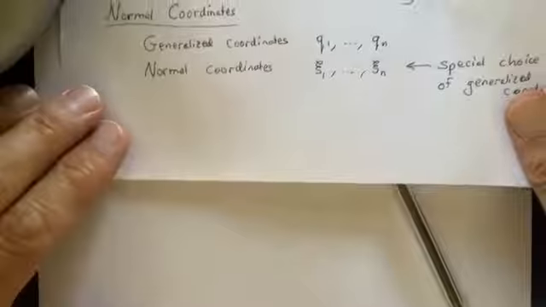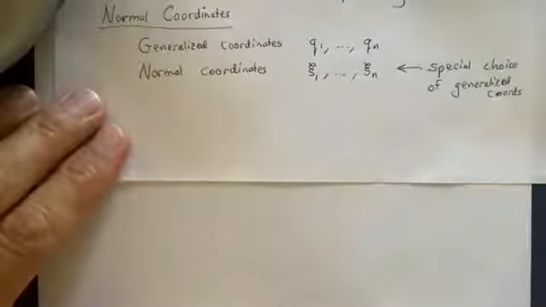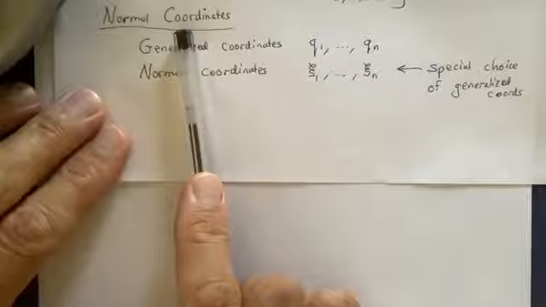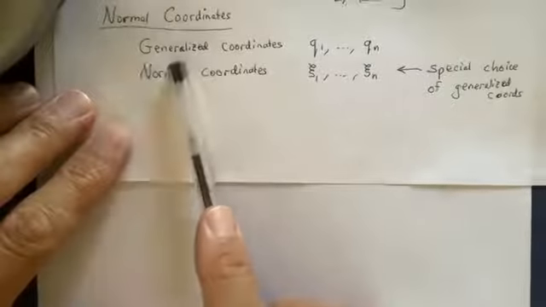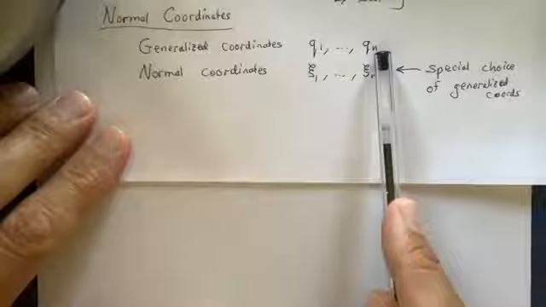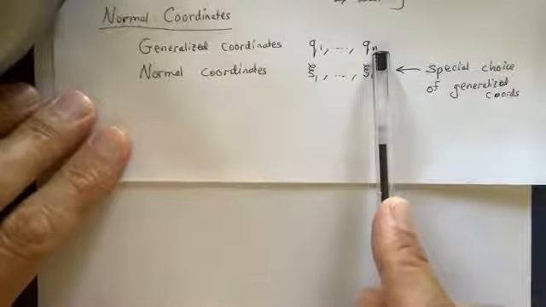Okay, let's take a moment to revisit the topic at the end of our last lecture. Towards the end of our last lecture, we introduced the notion of normal coordinates. It's useful to remind ourselves, if you have an n degree of freedom problem, this lowercase n is the number of degrees of freedom.